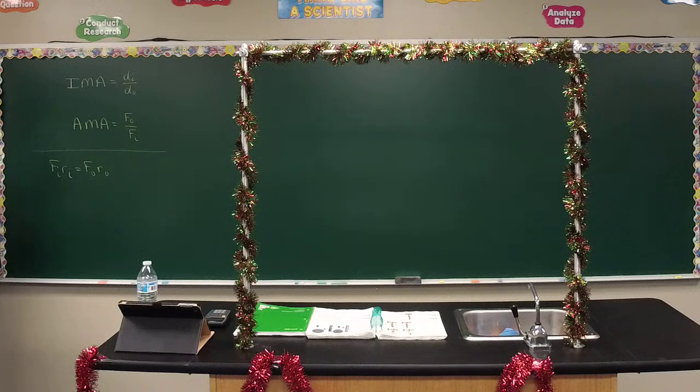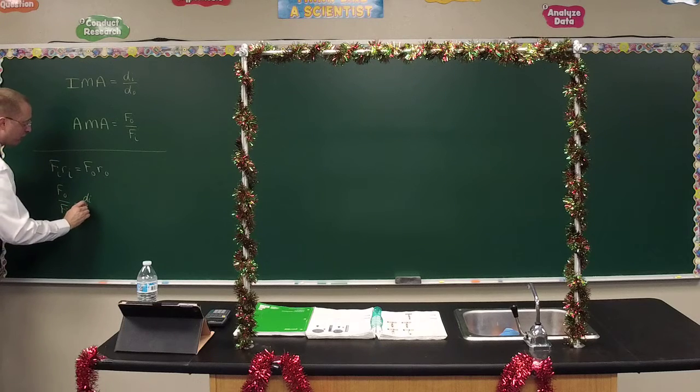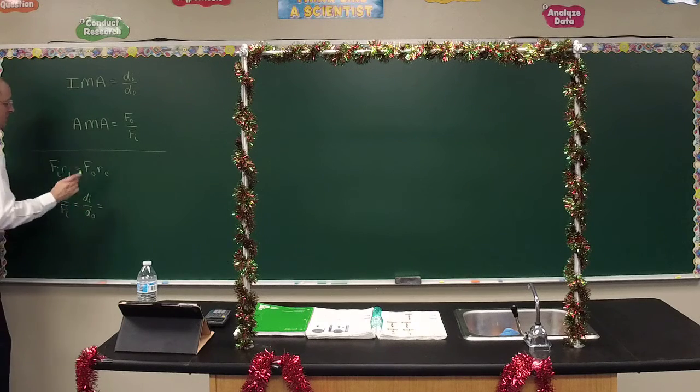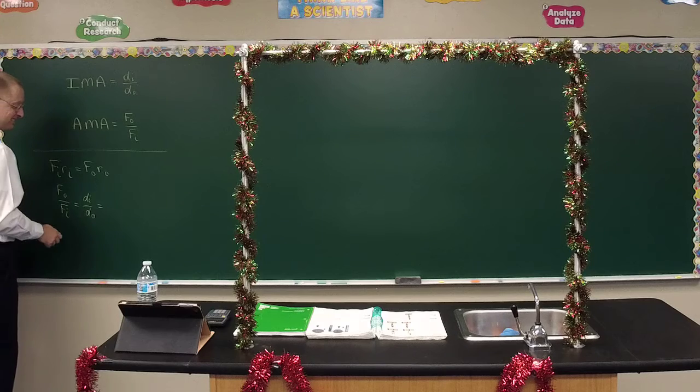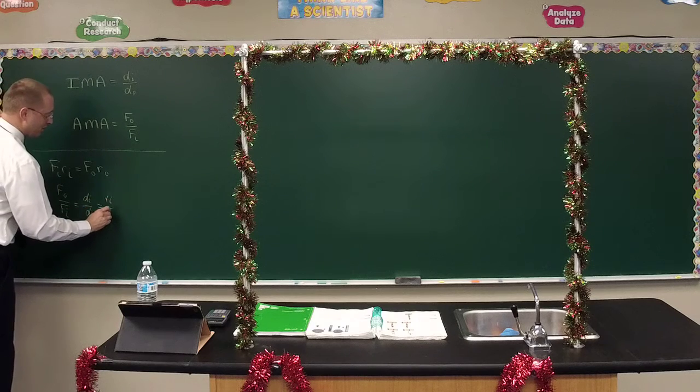The other way we could look at this was we said that for a lever, since we are assuming inflexibility, and since we're assuming no friction, AMA and IMA are going to be equal, which means that F_O over F_I has to equal d_I over d_O, which will also equal R_I over R_O.